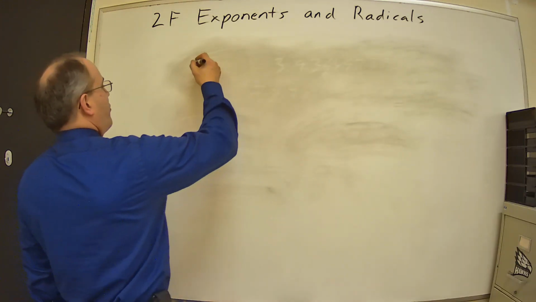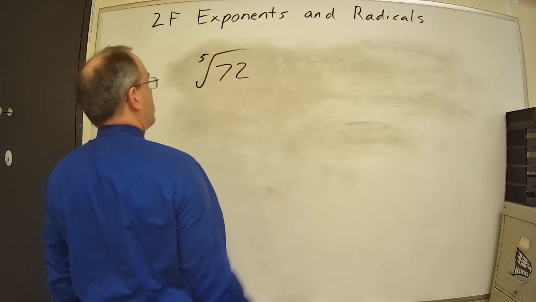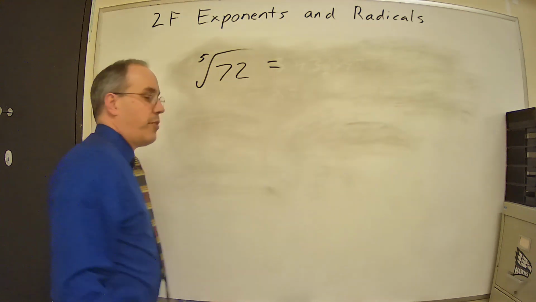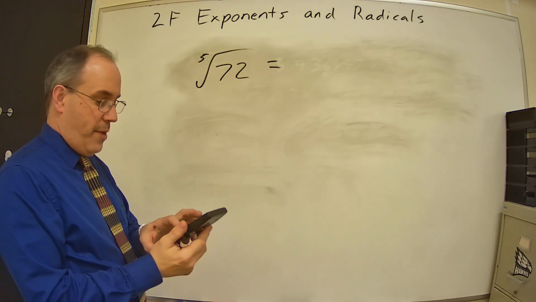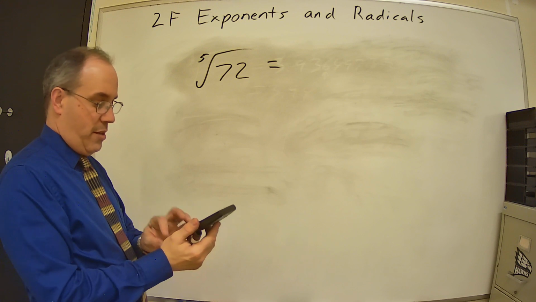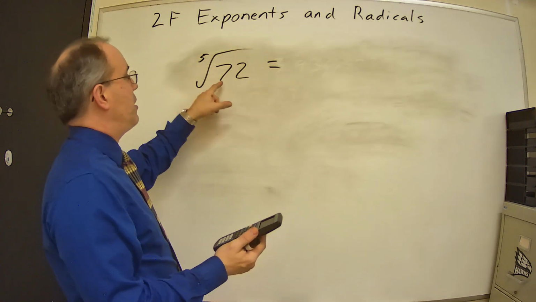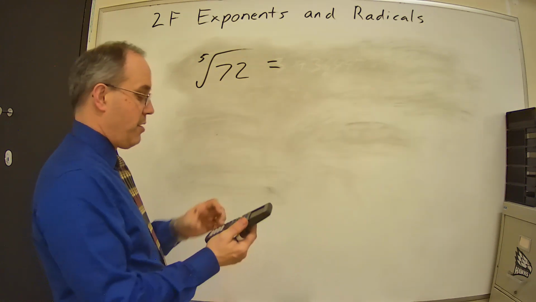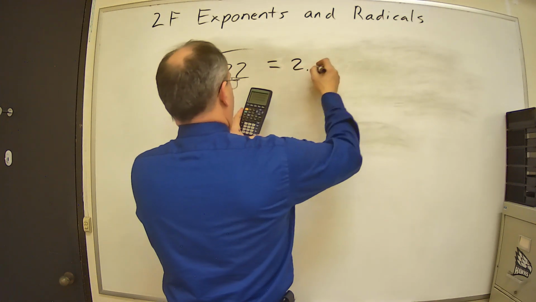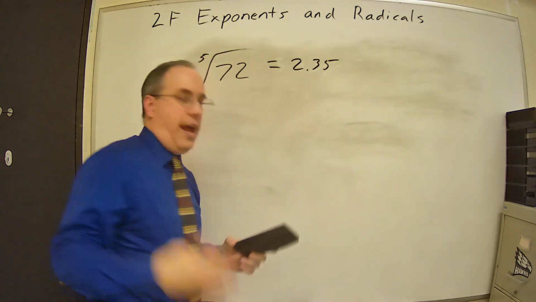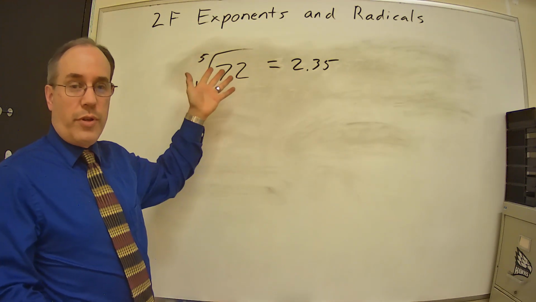We could have something like the 5th root of 72. So I take the 5, I go into my math functions, and I get my x the root. So that's a 5th root of 72. 72 equals, and I get 2.35 approximately. I rounded to 2 decimal places. So we can deal with any root.